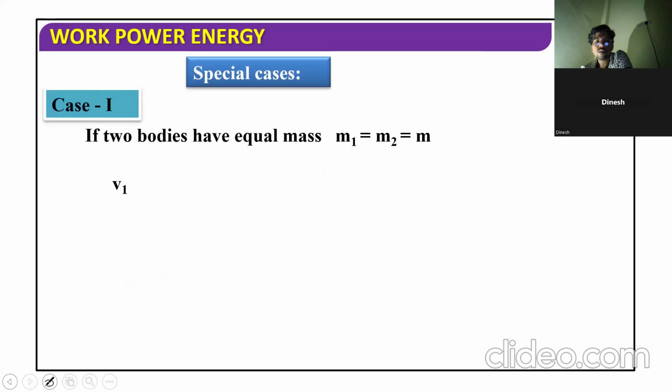This is just a special case. If two bodies have equal mass, then their velocities exchange.